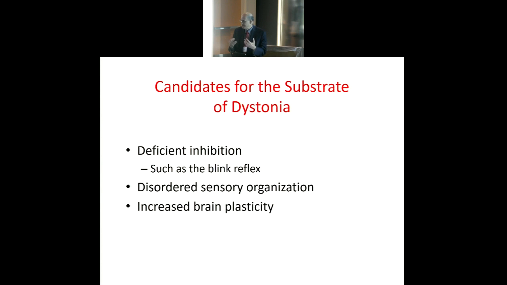With respect to blepharospasm, this can be shown with blink reflex studies, and I'll show you that on the next slide. There are also some abnormalities of sensory organization. Those abnormalities give rise to very, very subtle abnormalities of sensation.